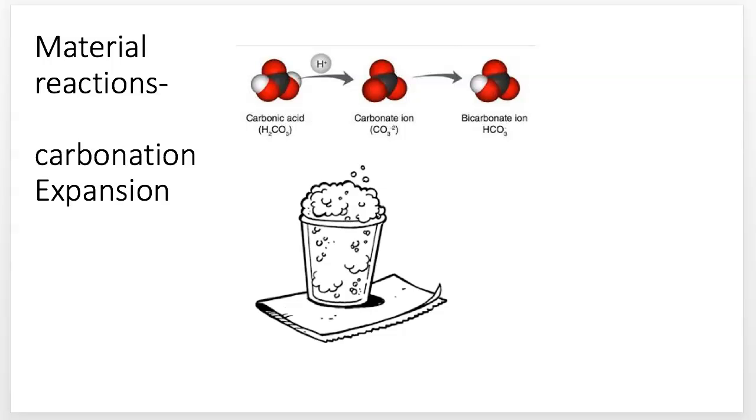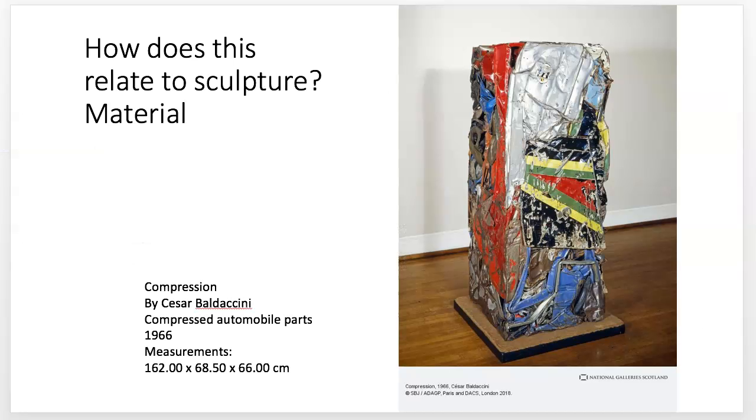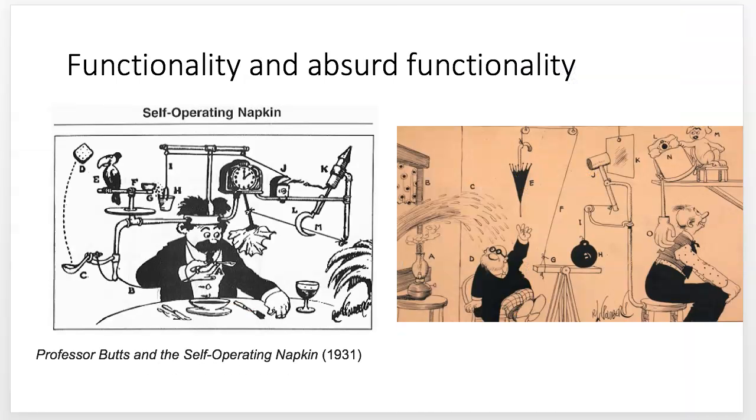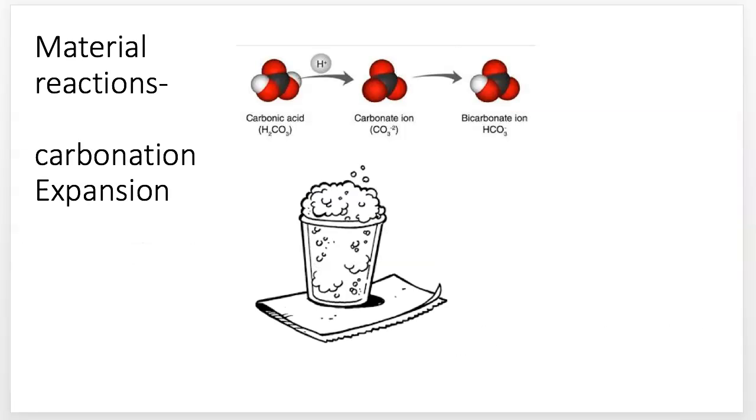I think another part of this that would be interesting to think about is material reactions. So fire is one, obviously. The materials of compression and what they can do, like what metal can do. Another one that you could think about would be something like baking soda and vinegar creating carbon dioxide expansion, and it fills a balloon, for example, and that could be part of a sculpture.